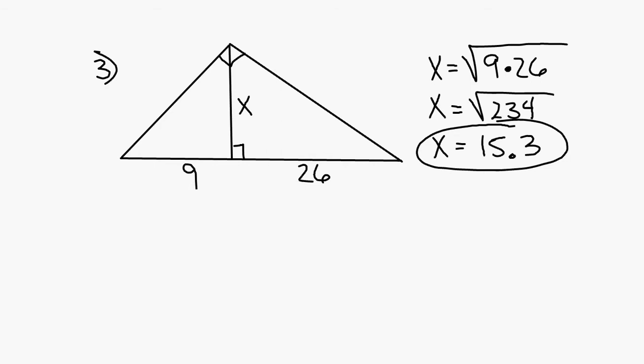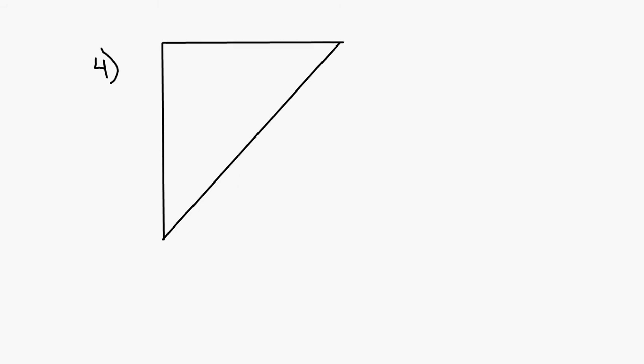Okay, number 4. Same type problem, but it's in a little bit of a real life example. You got a big right triangle with an altitude drawn to the hypotenuse. Top left is a park.